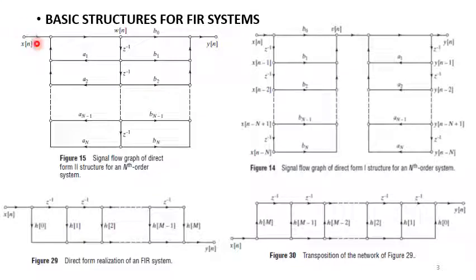Recalling the direct form 1 and form 2 structures for the Nth order IIR system, this one was the direct form 2 structure. I hope you can differentiate between form 1 and form 2, because direct form 2 is canonical, it uses the minimum number of delay units or memory.